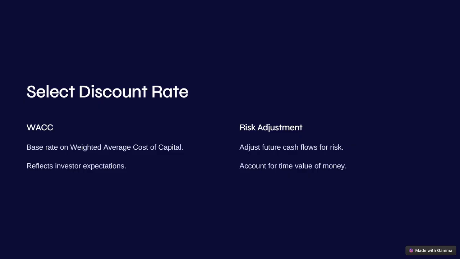For this WACC, we make certain adjustments based upon the future cash flows, risk, and account for the time value of money. We make certain risk adjustments in this WACC, and then we select that rate, and it will be different for different situations. So we cannot use the same rate for different hotels.